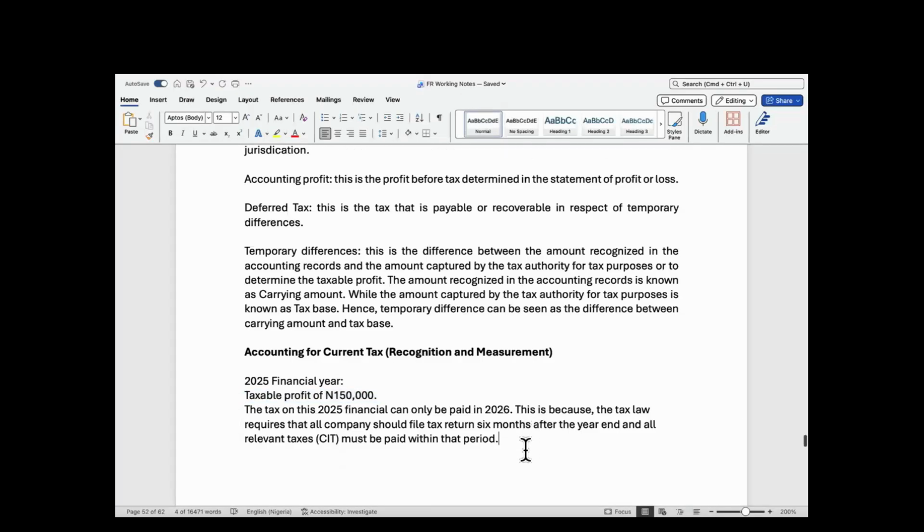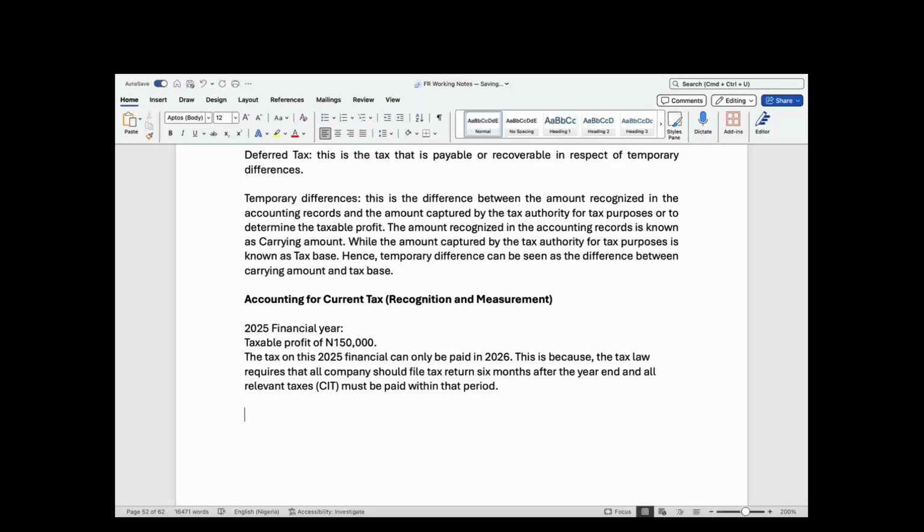Okay. Now, let's say since the taxable profit is 150,000, that means in 2026, the current tax will simply be, let's say we use a 30% rate in that jurisdiction. That means our current tax would be, how much would this be? This would be 45,000. So our current tax is 45,000.